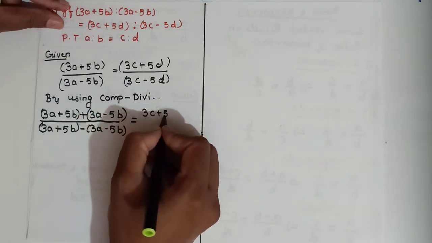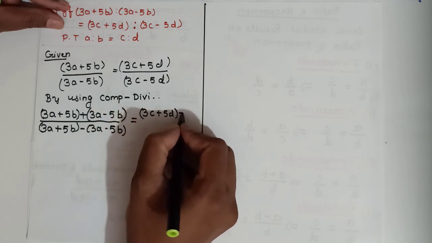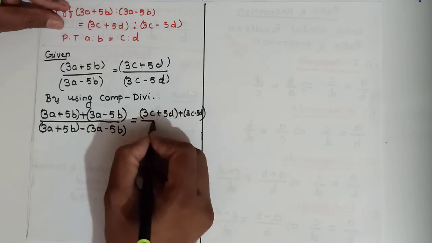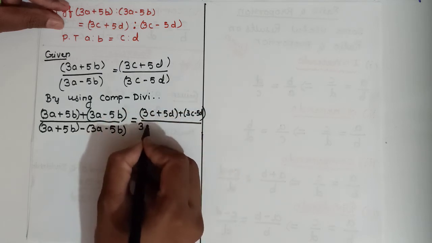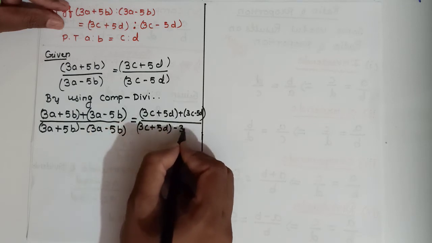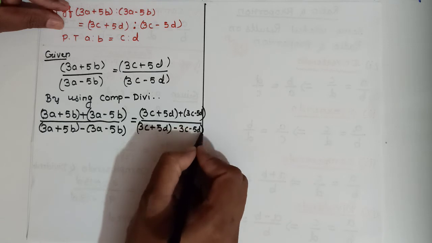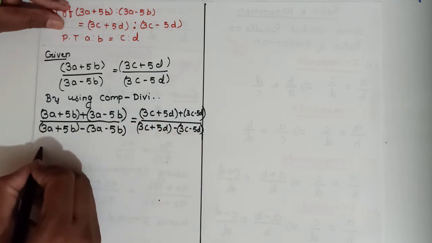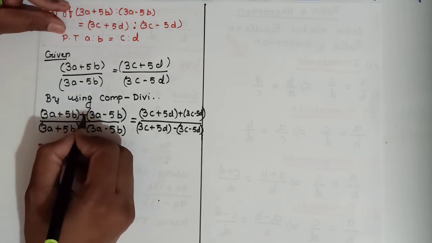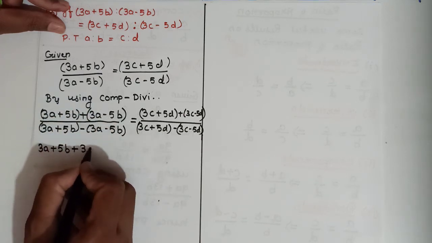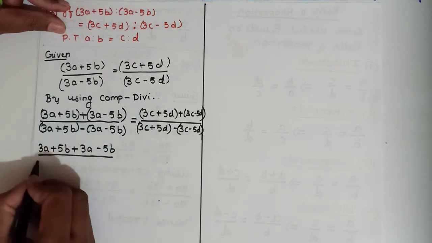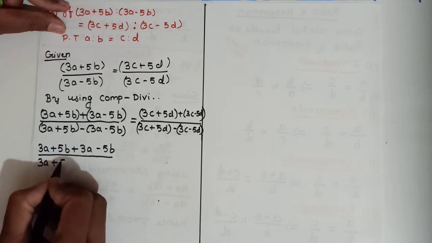equals 3c plus 5d plus 3c minus 5d divided by 3c plus 5d minus 3c minus 5d. Now open the bracket. In 3a plus 5b, the plus sign is there, so this will also remain plus only, 3a minus 5b divided by 3a plus 5b.